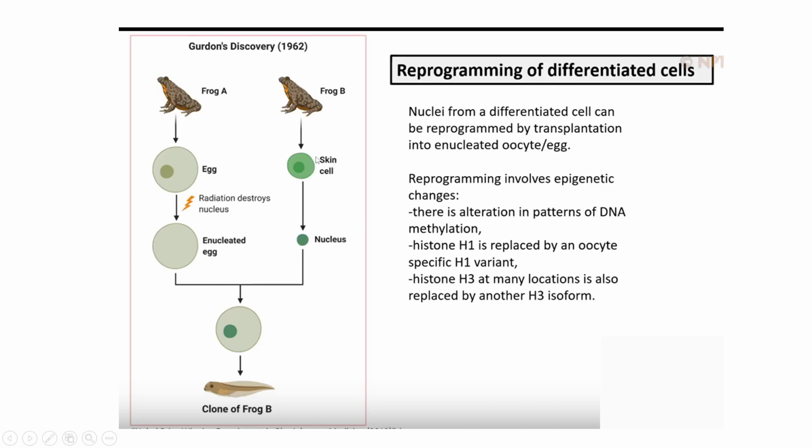For example, in skin cell, gene A will be active. In the neurons, gene A will be inactive; in that case, gene B will be active, and gene A will be inactive by the methylation pathway and other things. But when the nucleus is transplanted into this enucleated egg, then these epigenetic changes are altered. Now the epigenetic changes will be such that it will drive the whole organism, instead of only providing a single cell.